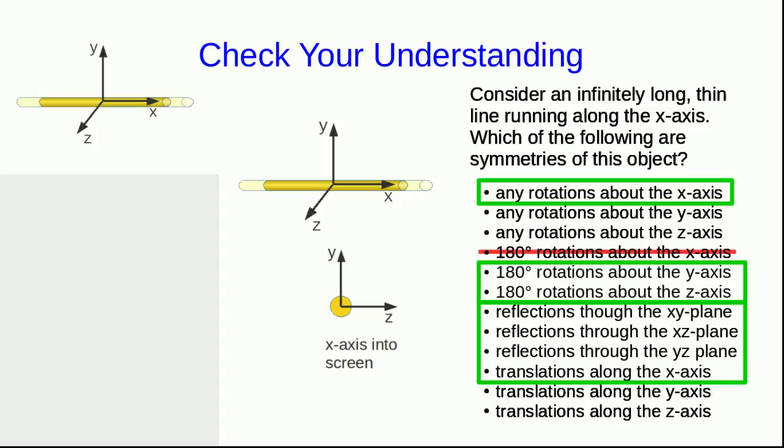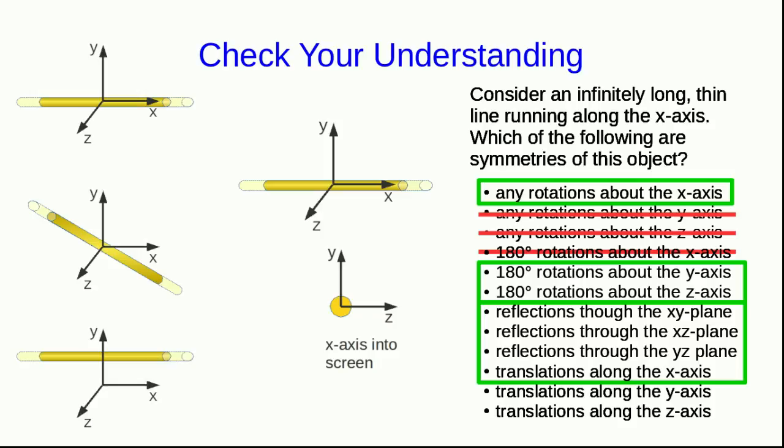And you can rotate it by 180 degrees about the y-axis or the z-axis. However, if you rotate it by any other angle about the y-axis or the z-axis, it doesn't look the same anymore. And so it isn't symmetric under those. And similarly, if you translate it along the y-axis or the z-axis, you'll see that change. And so it isn't symmetric under those transformations.